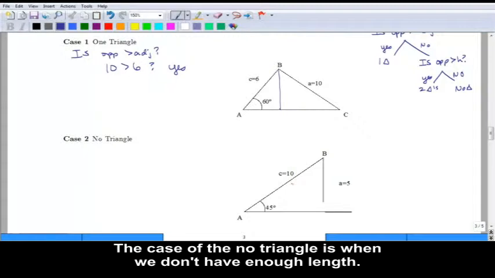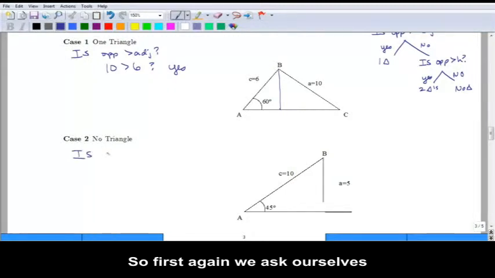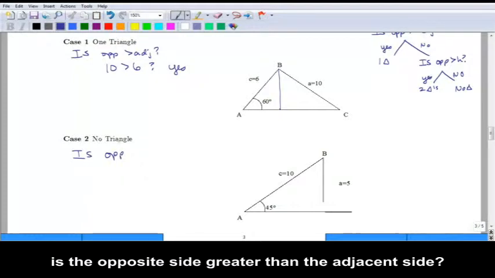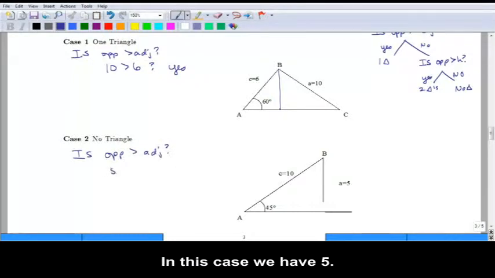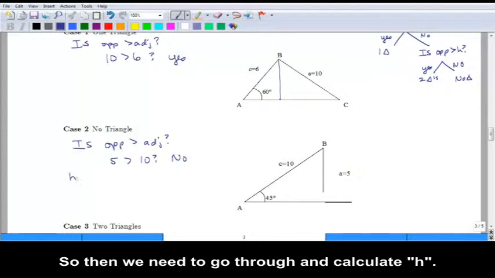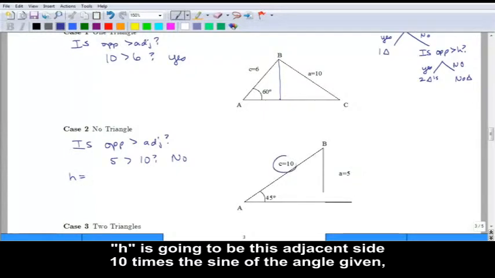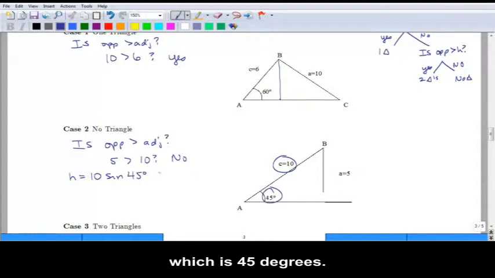The case of no triangle is when we don't have enough length. So first, again, we ask ourselves, is the opposite side greater than the adjacent side? In this case, we have 5. Is that greater than 10? Well, no, it's not. So then we need to go through and calculate h. h is going to be this adjacent side 10 times the sine of the angle given, which is 45 degrees.